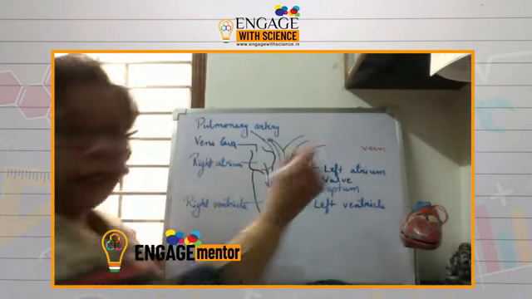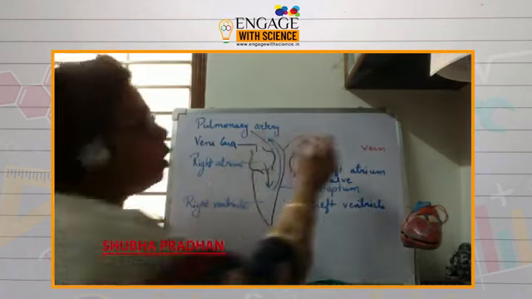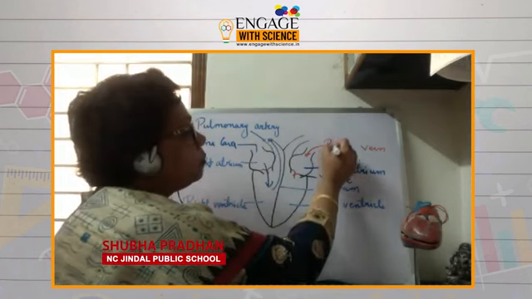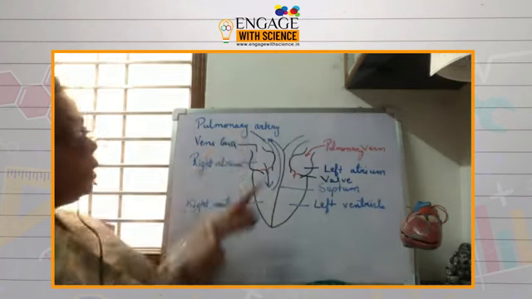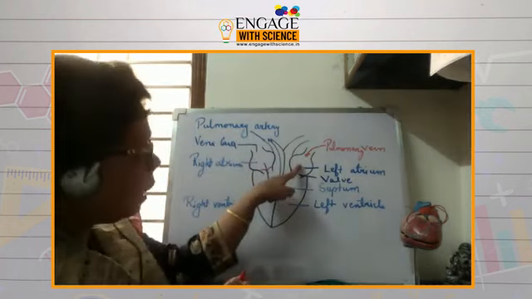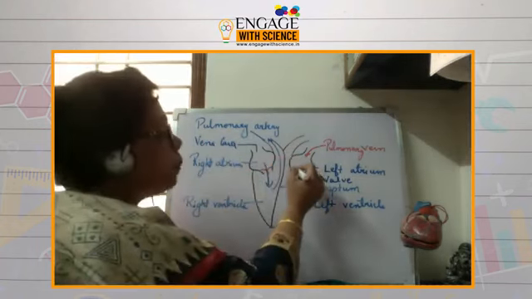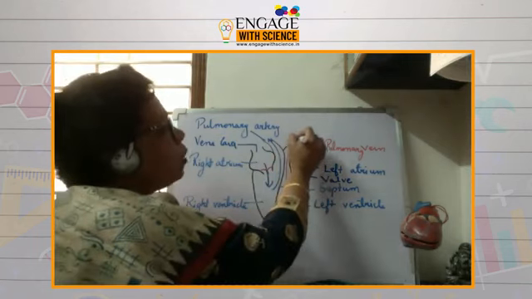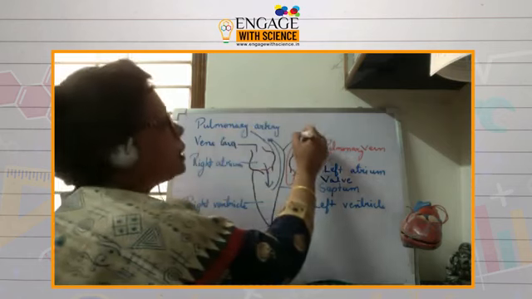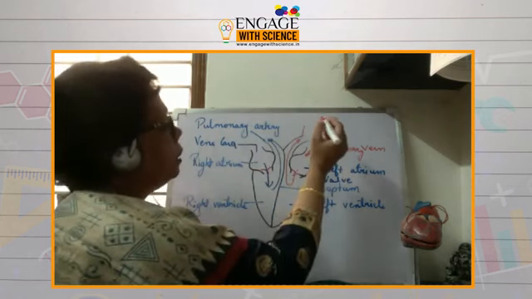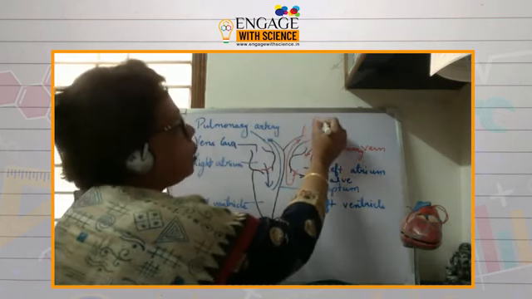And because it is coming from lungs, it is called pulmonary vein. Now, once the blood comes to the heart, then it is passed to the body for further distribution in the body. So, this main artery is called as aorta.